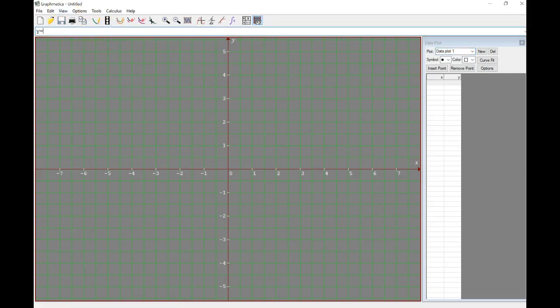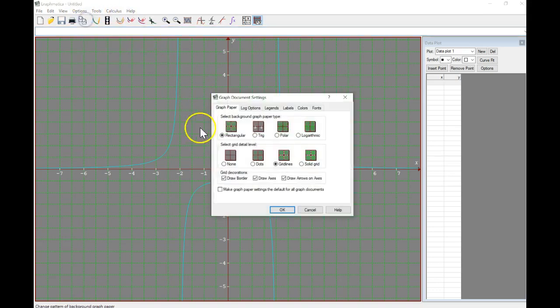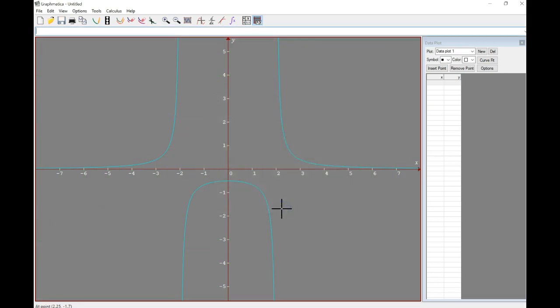I'm going to use this graphing software that gives me a little better picture often than the calculator. This is Graphmatica, yes. And let's get rid of those grid lines, a little easier to see. Okay, so this is the graph of that first example that I just wrote down.